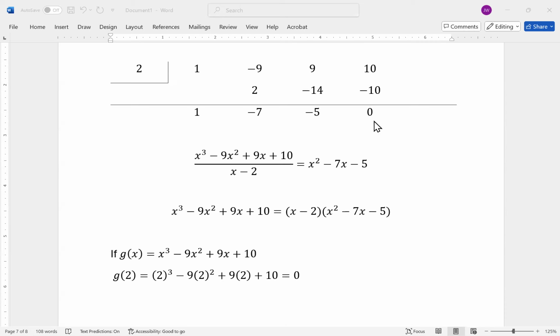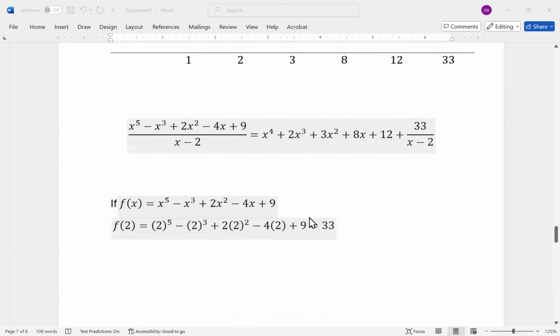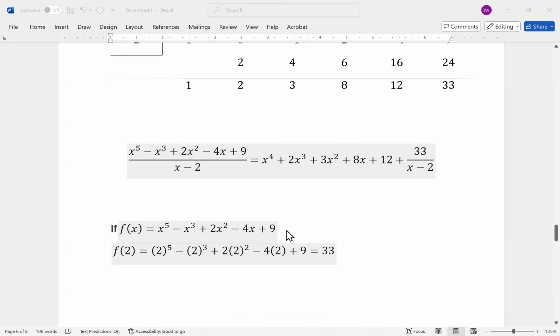But a 0 remainder means that I found a 0 of the polynomial function. And moreover, then I can write it like this, that x to the third function can be written as a product of polynomials of lower degree.